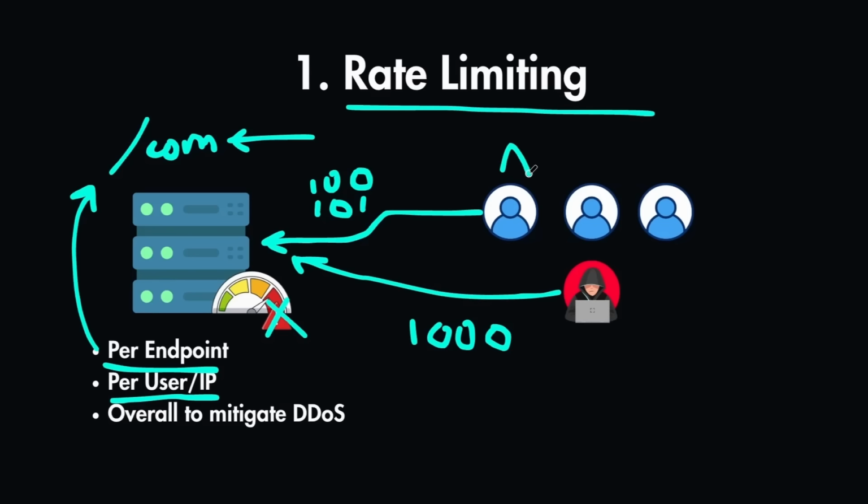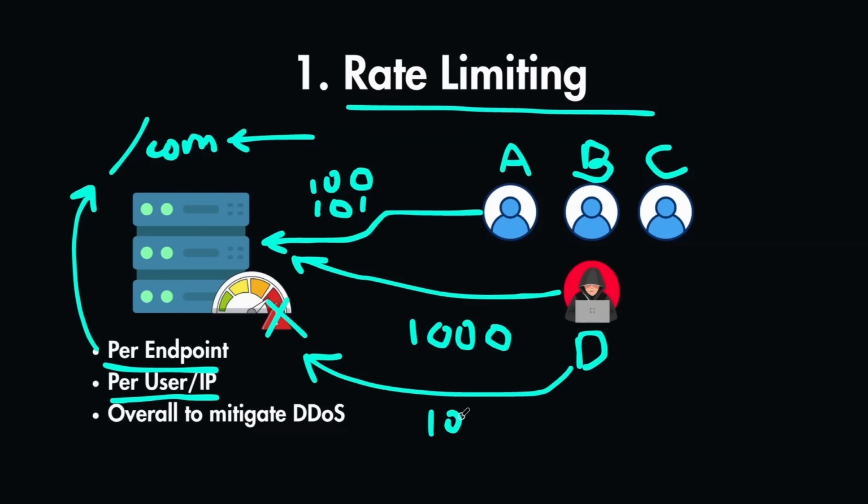Let's say A is the IP address of the first user, B the second, C for this one, and your attacker has some IP address which corresponds to D. If you get the 101st request from the D IP address, then you will know that this user overused the API, so you will block it at the user IP level.